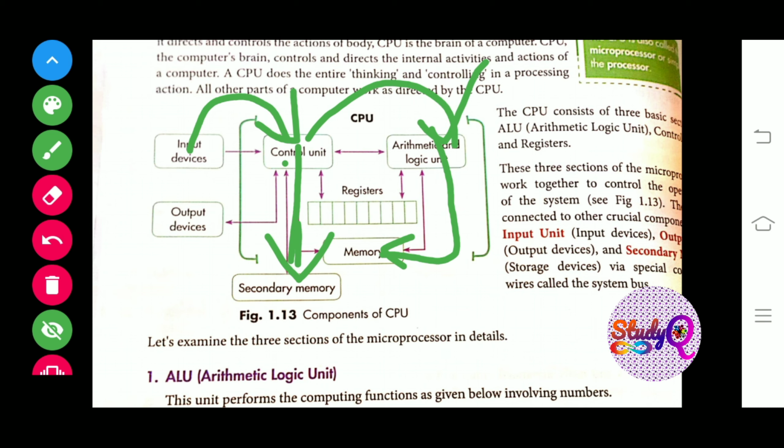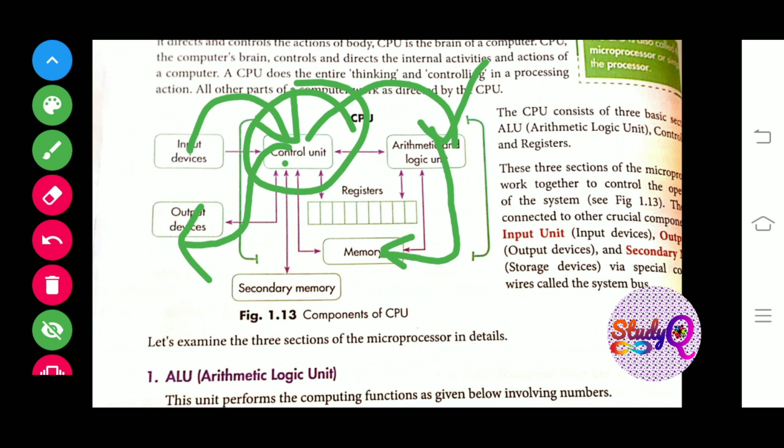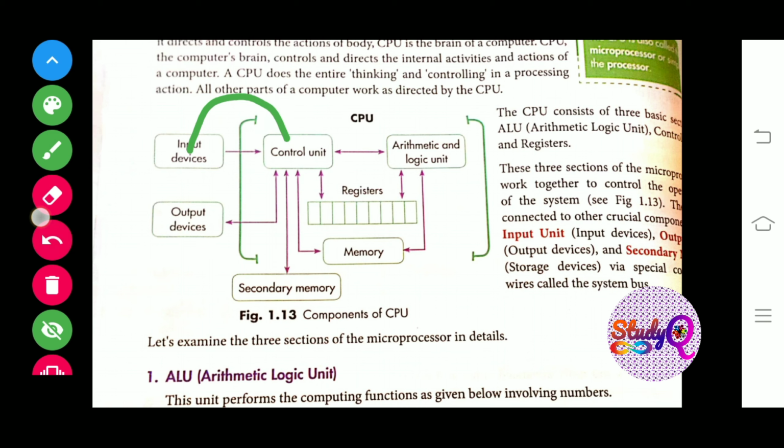So this is the computer working process. After sending or receiving data from memory, the control unit decides how to represent this data with the help of the output device also. So the most important thing in the CPU is the control unit. All functions are controlled by this unit.